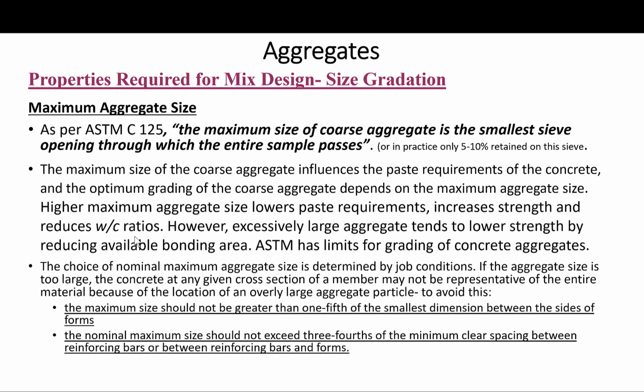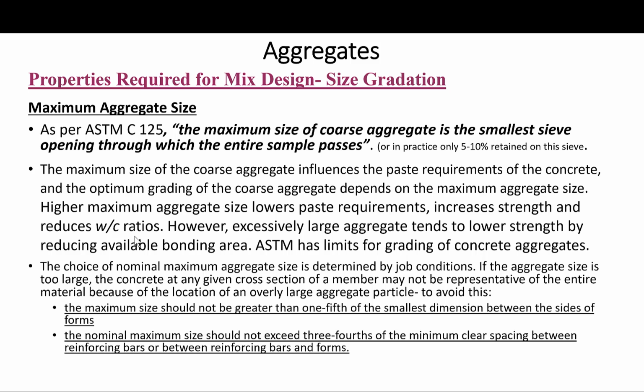So a percentage of, usually, as I said, 5 to 10% of the sample weight may be retained on this sieve. Okay, so when we say 95% passing or 90% passing, this is practically nominal 100%. The ASTM grading requirements are based on this nominal maximum size, okay?